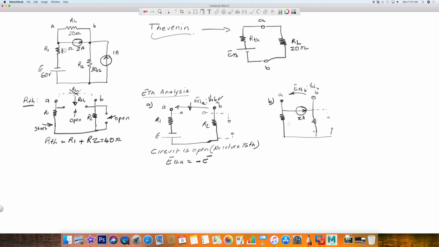And so we have a current, 2 amp, going through R1 and R2. That is the same current going through that loop. And we have voltage drops opposite to the current.